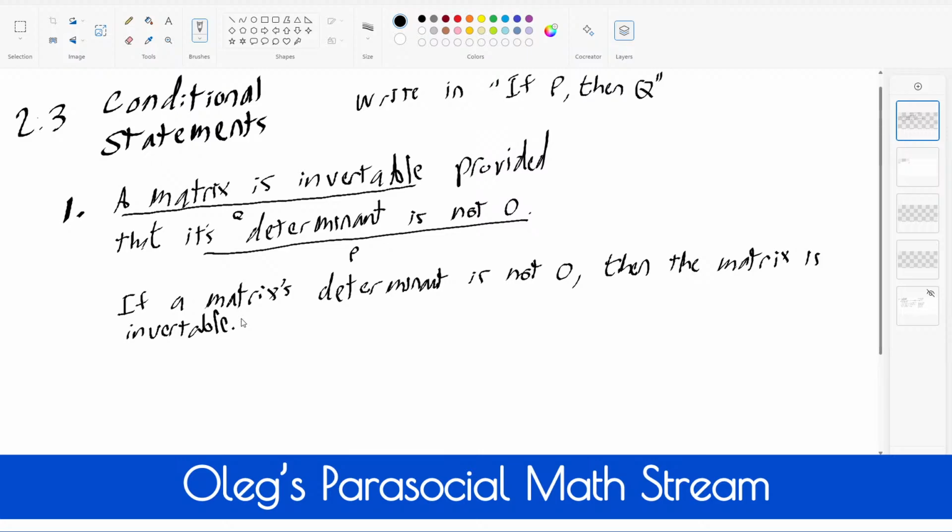If a matrix, that's not how you spell matrices. I gotta look this up. No, it's matrices.